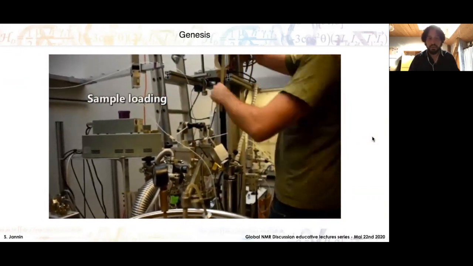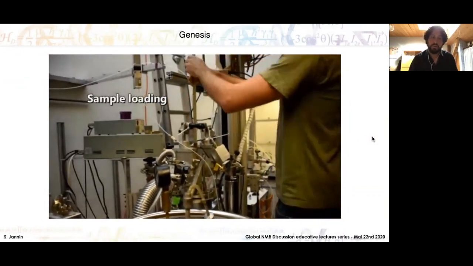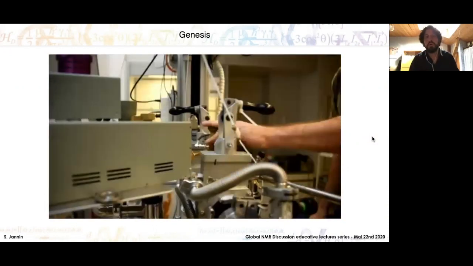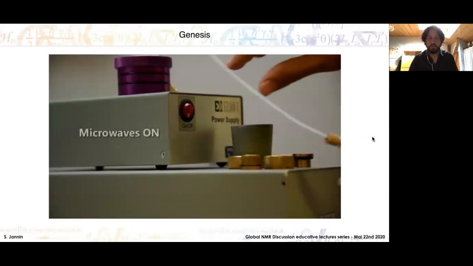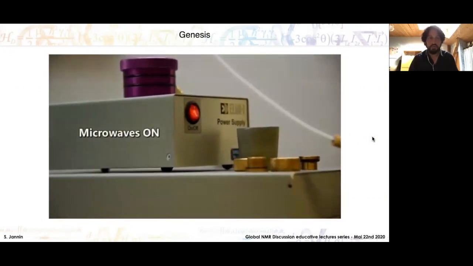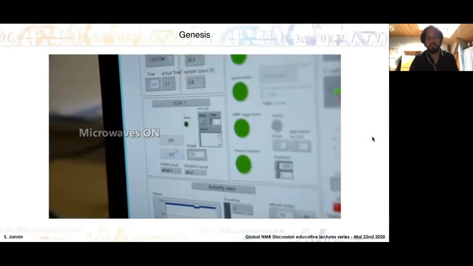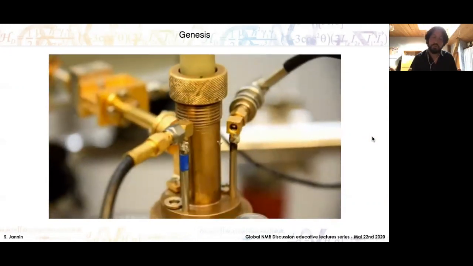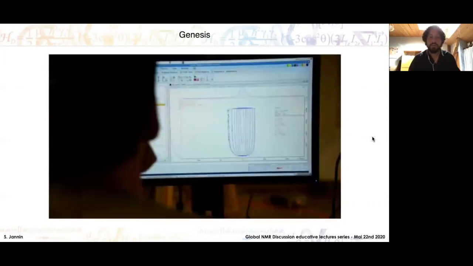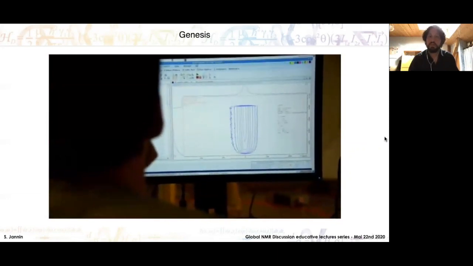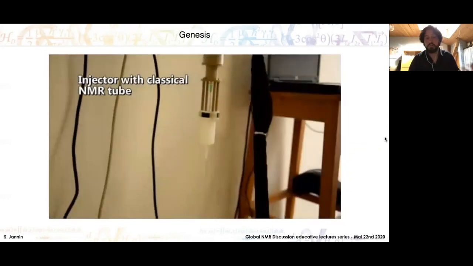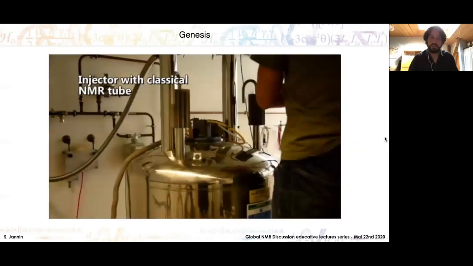When you do that, you shock freeze the sample in liquid helium. Then you can start to pump on the helium bath to cool down to 1 Kelvin. You can turn on the microwave, set the power of the microwaves, etc. And then you can observe by NMR how the polarization builds up in the solid state. This may take minutes or hours depending on your sample and your spins.